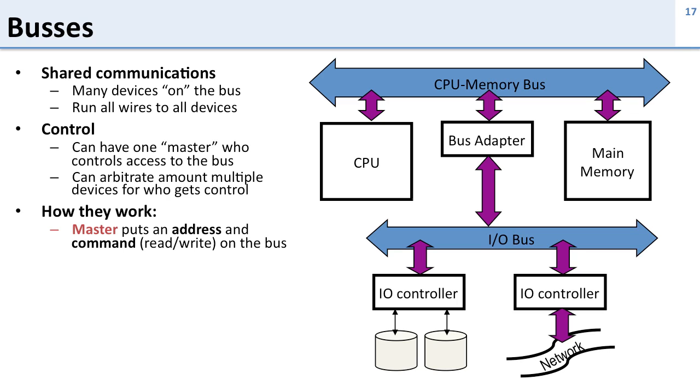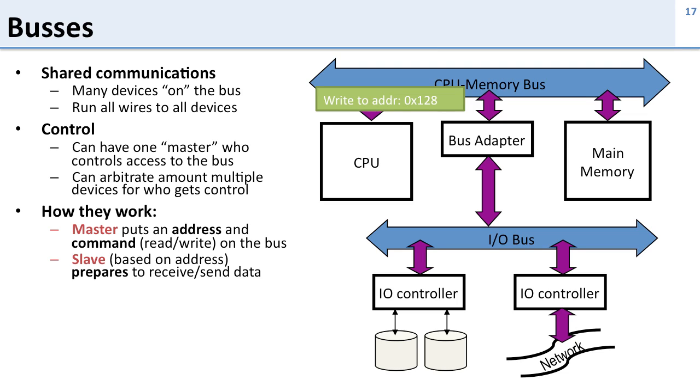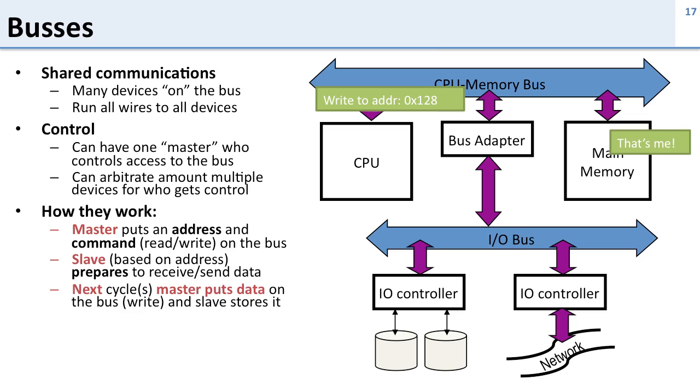Now how does a bus generally work? Well, whoever's the master puts an address and a command on the bus. So the CPU says, I want to write to address 128. The slave, that is the device that's going to respond to this, receives the address and the command and prepares to get the data if it's doing a write, or send data if it's doing a read. So here the main memory knows that that address corresponds to it, so it prepares to receive data.